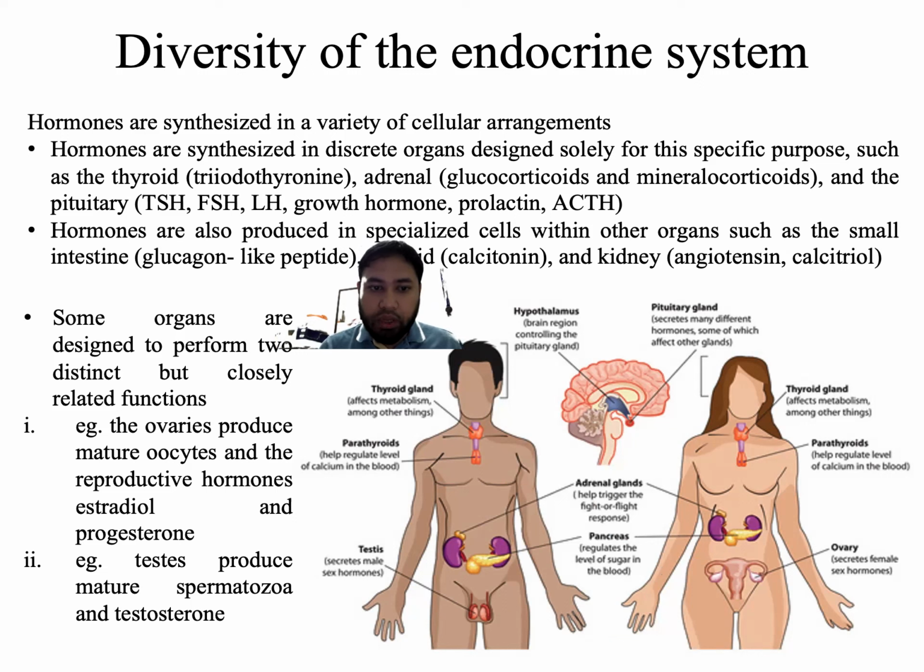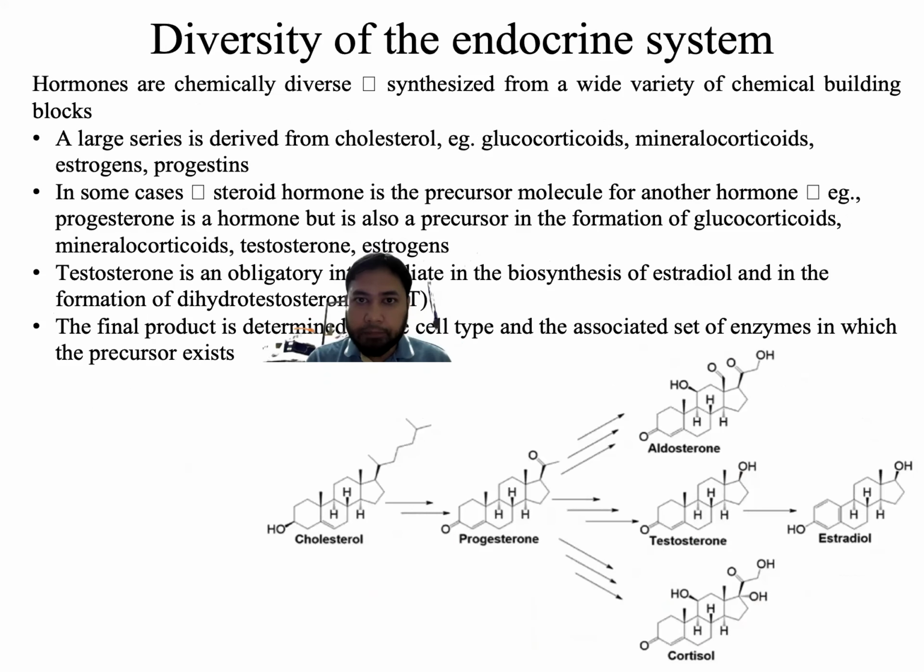So of course, the ovaries produce mature oocytes and the reproductive hormones estradiol, estrogens and progesterone, whereas in the male, they produce mature spermatozoa and testosterone. And both of them have different characteristic features, okay?